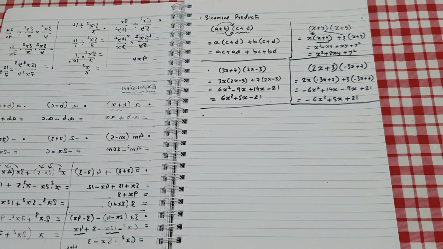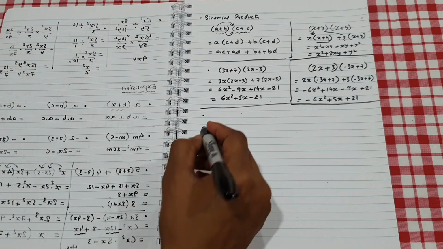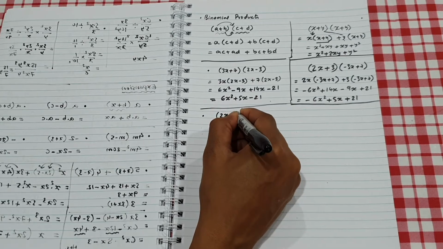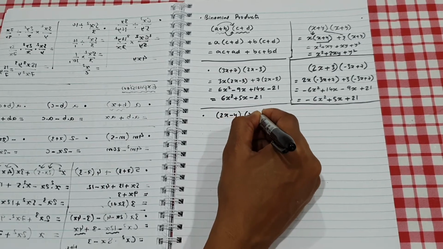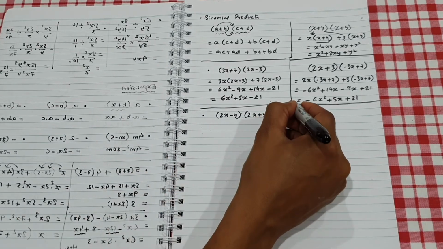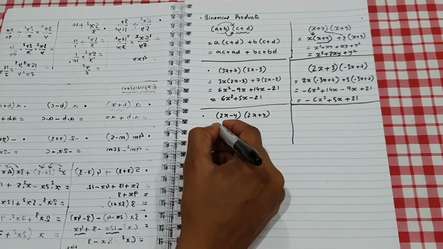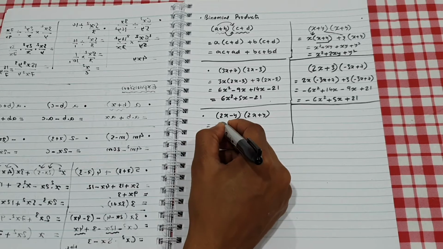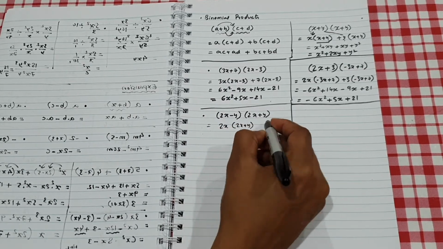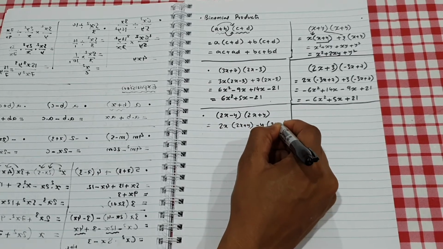Okay. Next example that we want to take is of this nature: 2x minus y and 2x plus y. We'll use the same process, but we'll learn a new concept. 2x gets multiplied with 2x plus y, minus y gets multiplied with 2x plus y.